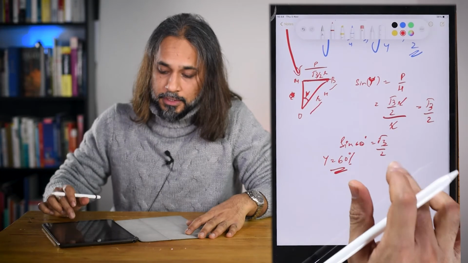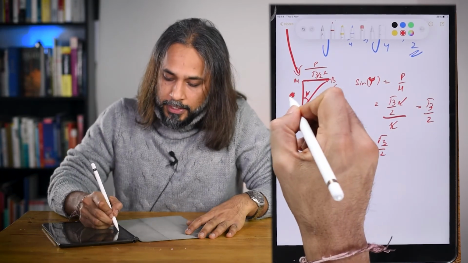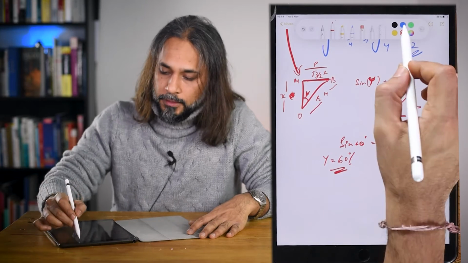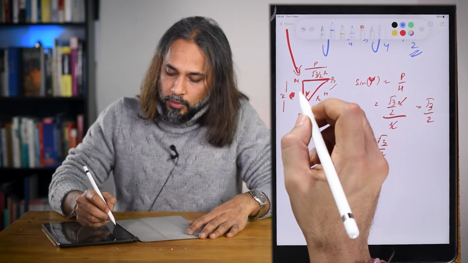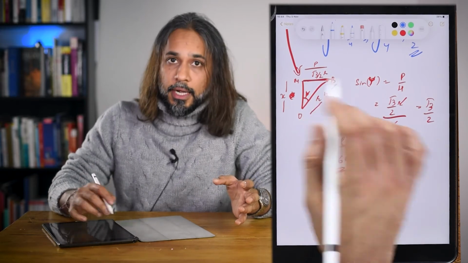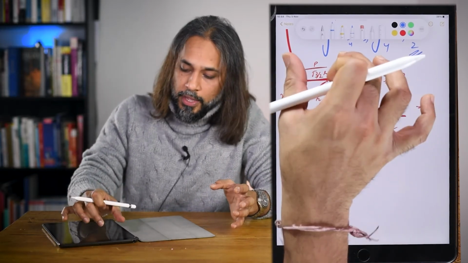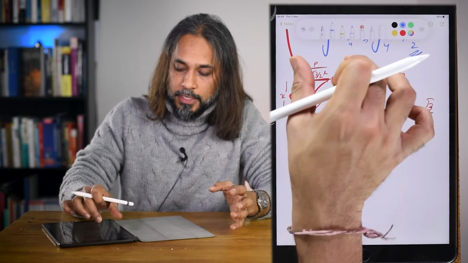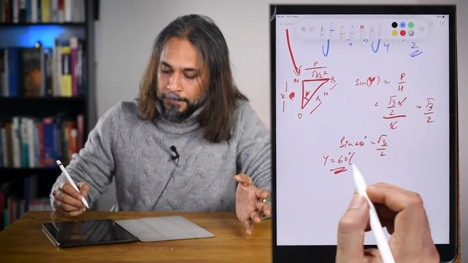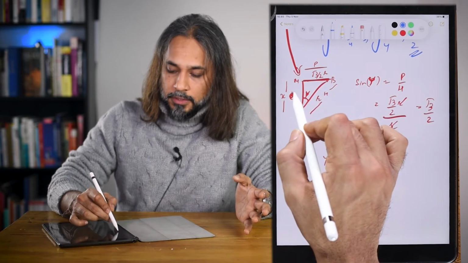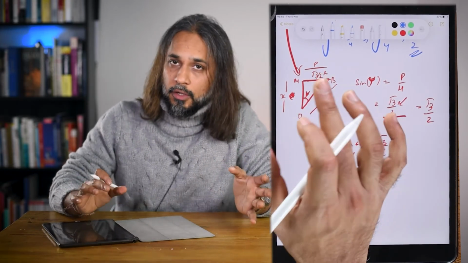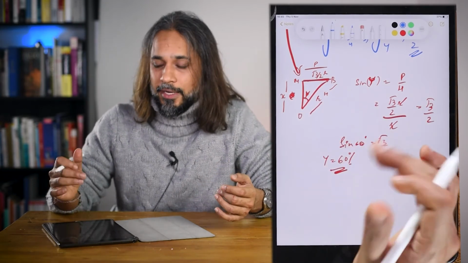If it is 60 degrees, we need to find this particular value, which we said is X. In this triangle you have the hypotenuse, and in front of the angle the perpendicular, so we can consider perpendicular by base or base by hypotenuse. That means you can consider cos or tan.